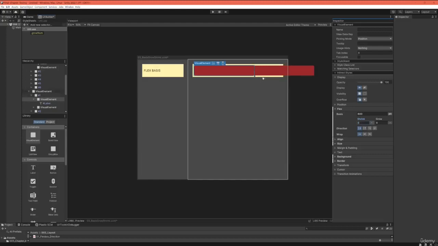Now the elements leave their container. And you would consider this as a kind of broken layout most of the time, because the moment when they leave their container, probably there was a reason why this container had as much space as it had, and probably there might be some other element here, and now this element would just ignore that and would overlap them and say, okay, you are not allowing me to shrink, so I have my basis, I'm not allowed to shrink.